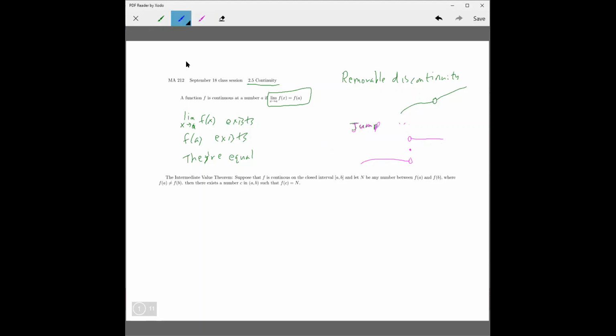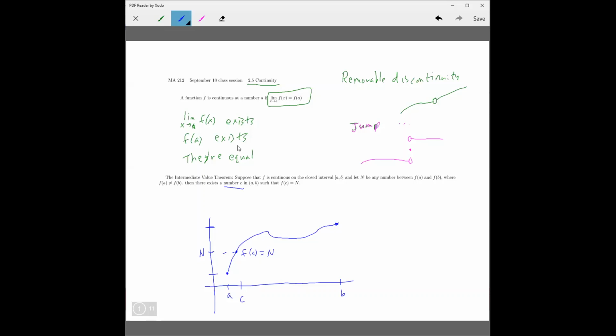Later on we'll look at the intermediate value theorem. It says that if you have a function that's continuous on an interval from a to b, with f(a) and f(b), and you choose any value n between them, then there exists at least one number c in [a, b] such that f(c) = n.